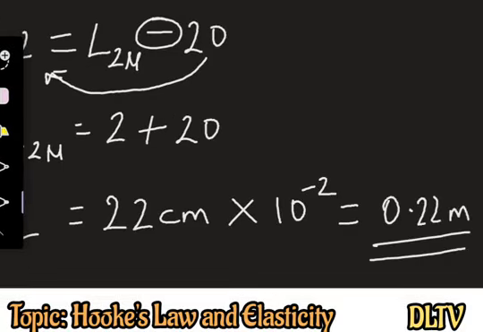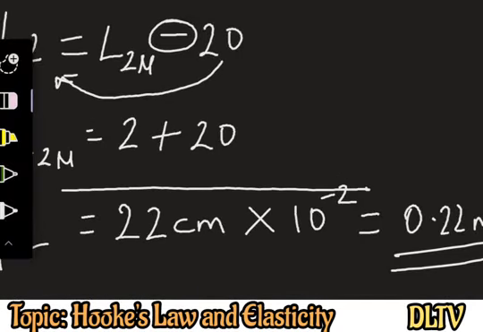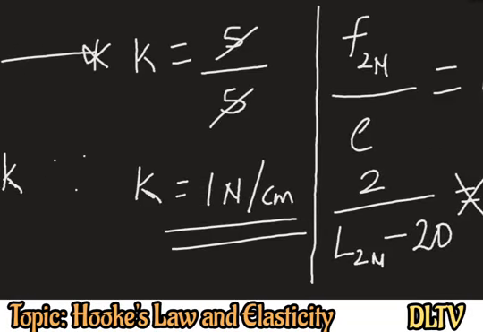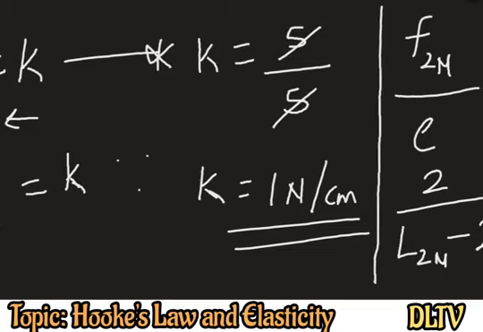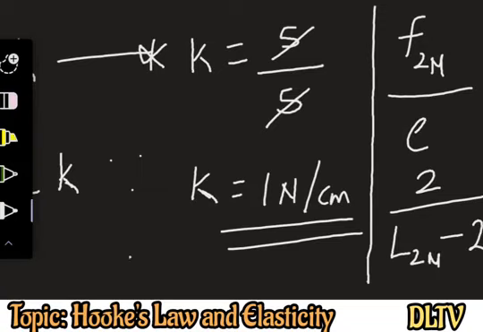And just for the previous one also, if you convert 1 Newton per centimeter to Newton per meter, we'll have 100 Newton per meter.